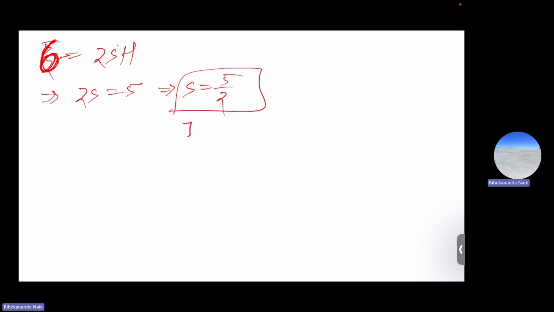Now J is already mentioned, J is again 5 by 2. So now you need to find out the value of L.